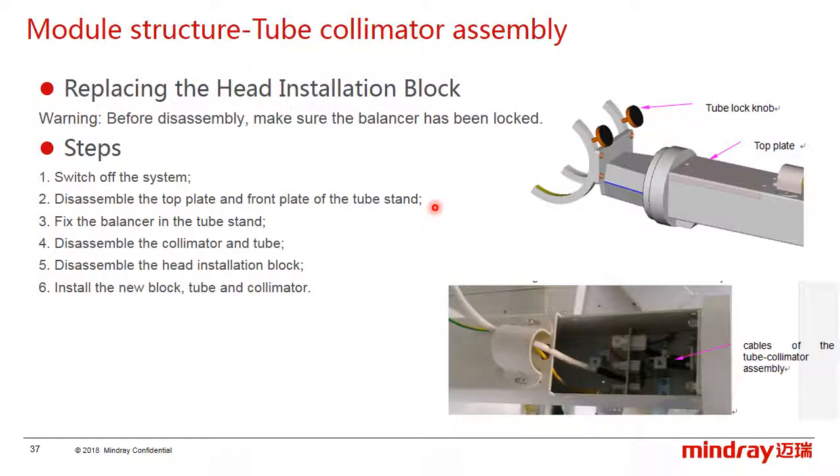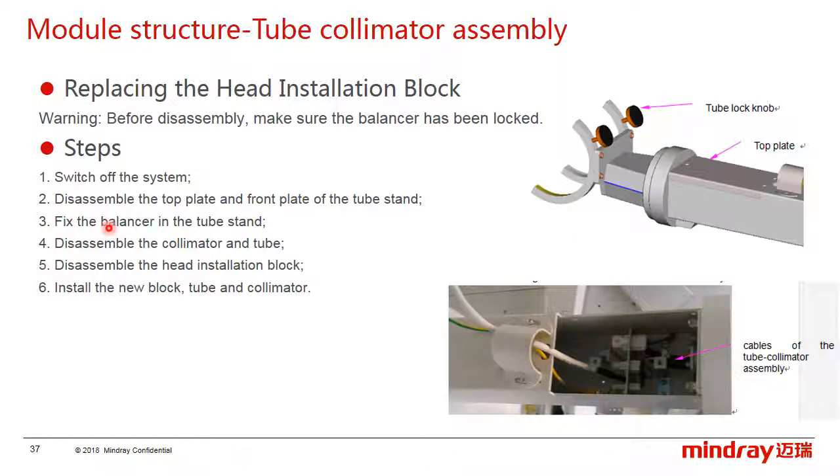For replacing the head installation block, before the assembly, we have to make sure the balance is locked, like I said in the previous presentation. And for the replacing steps, first, also switch off the system.